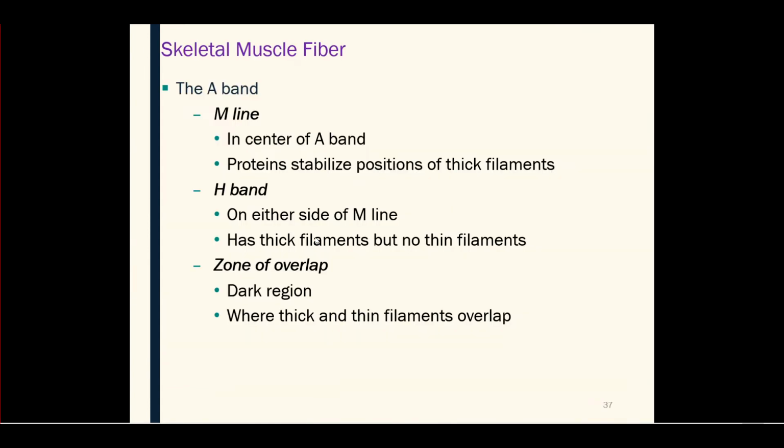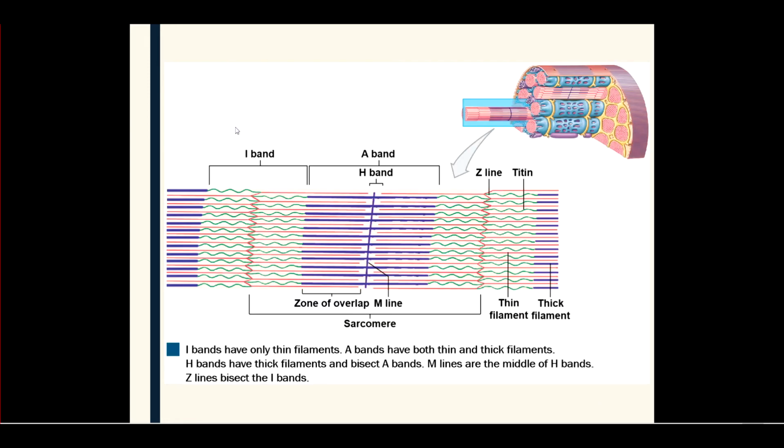Okay, so let's take a look at the parts of the A band first. I'm just going to go back a slide just to follow in order. The first thing I want you to be able to identify and understand is known as the M line. Think of M as middle. So this line right here represents the M line, and this is actually a bunch of proteins, and these proteins connect this thick filament to that thick filament to that thick filament to that thick filament, and it forms this line right down the middle.